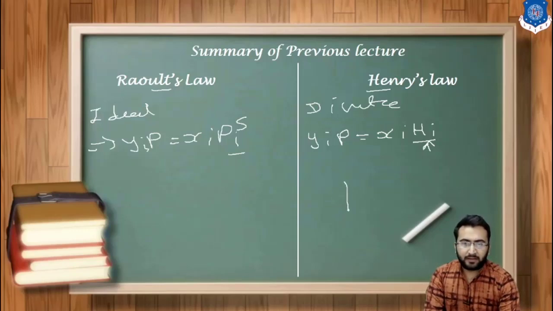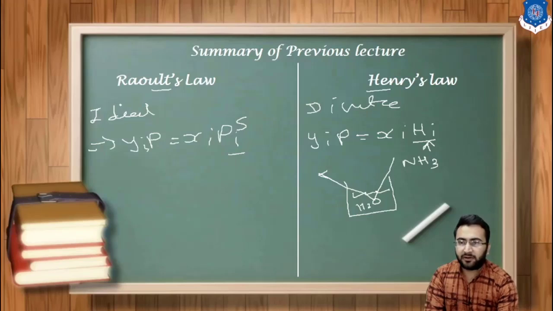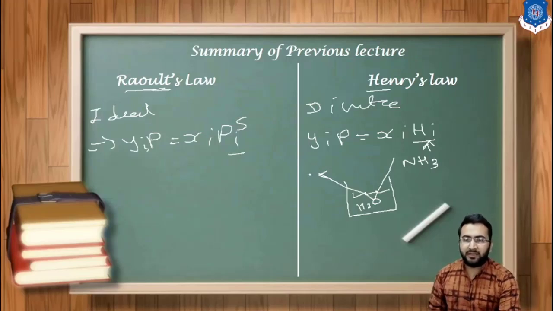Suppose there is one beaker in which there is water. Now, if we want to pass ammonia into this water and study the VLE behavior of the absorbed ammonia in this water, we cannot use Raoult's law, because it is only applicable for the ideal solution, and its assumption is that the components are chemically similar in solution.